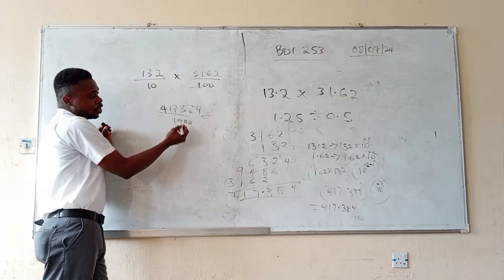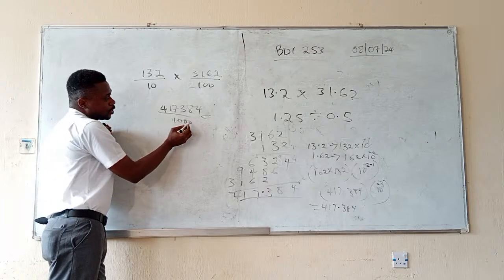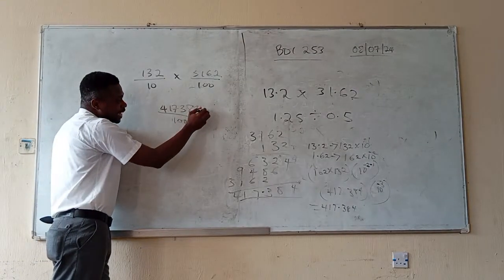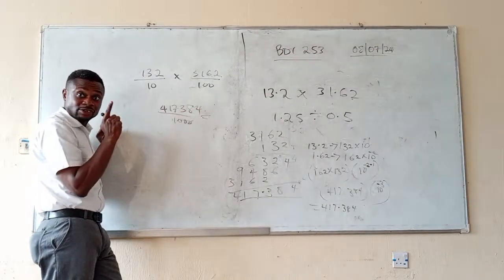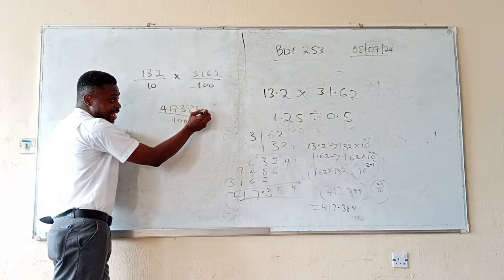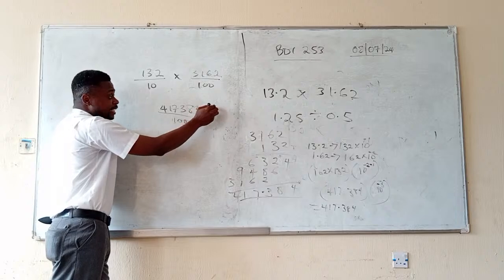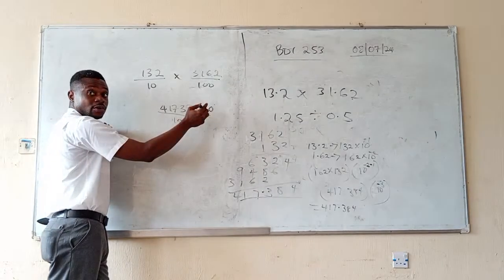So that's where you start having decimal movements. I told you I will talk about decimal movement, right? There is an invisible decimal point here, and an invisible 0.